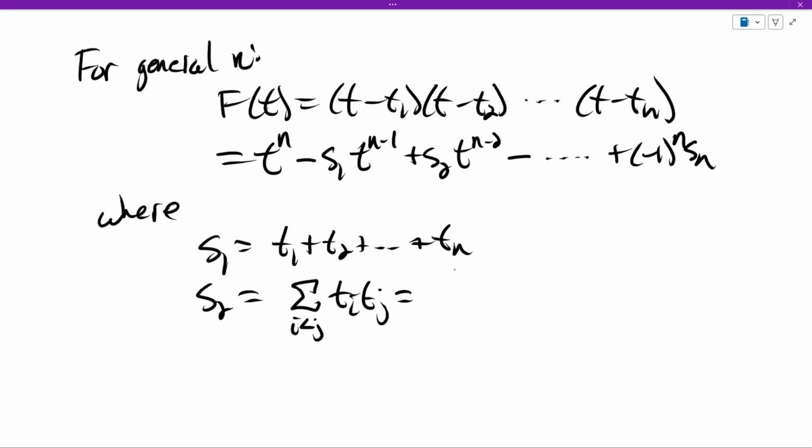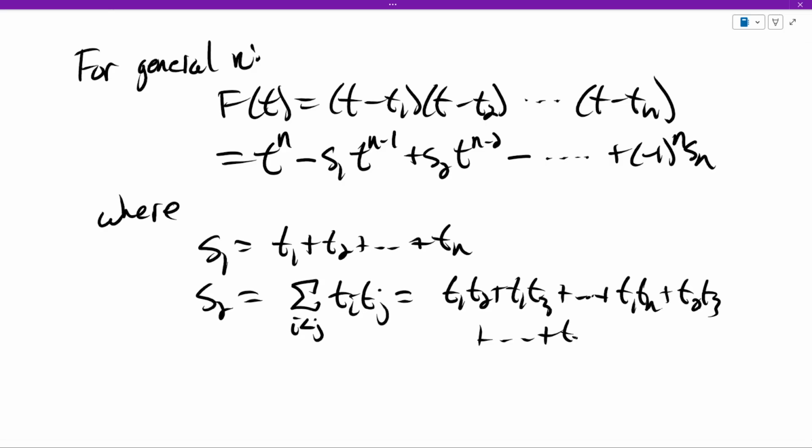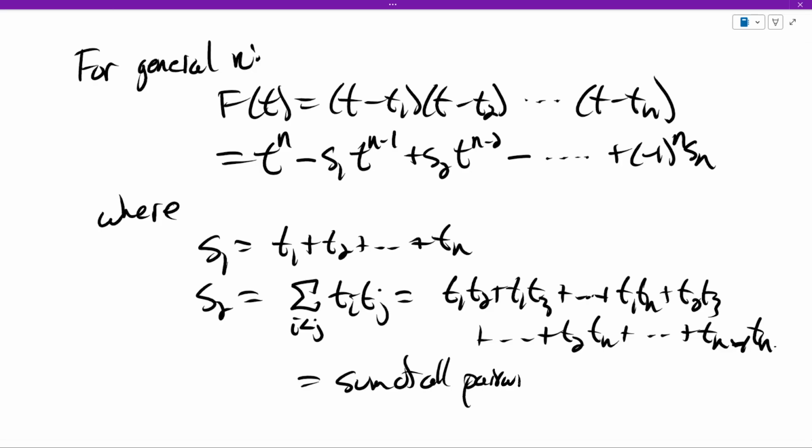Or we could write that out as t1 t2 plus t1 t3, all the way up to t1 tn, and then we go up to t2 t3, all the way up to t2 tn, and then we keep going until we get to t(n minus 1) tn, which is just the sum of all pairwise products of the roots.